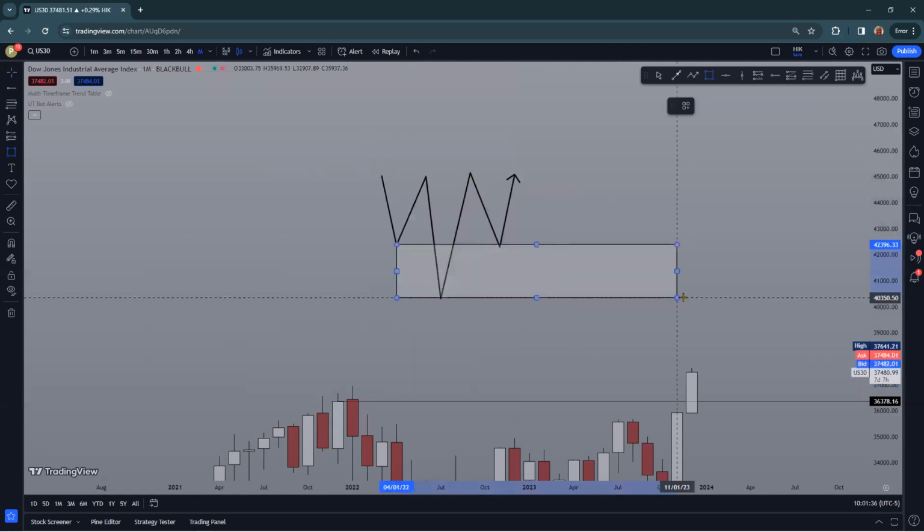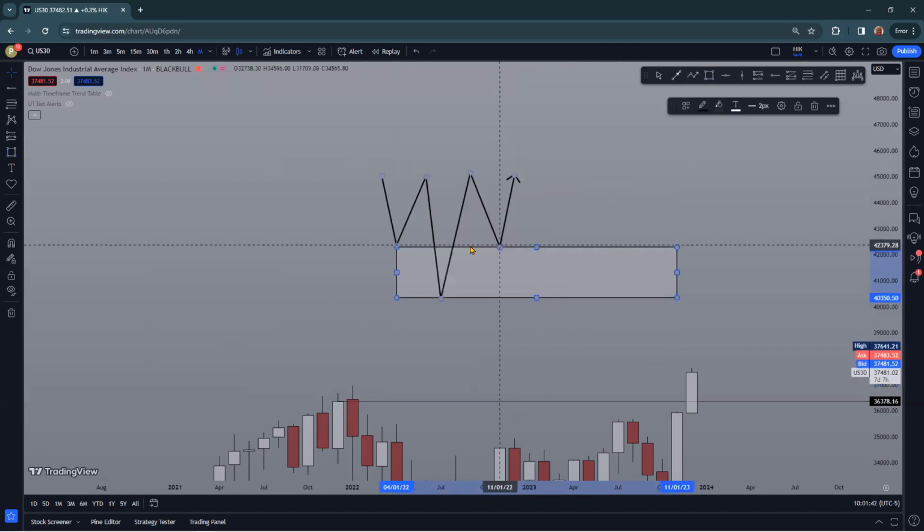Okay, so this is telling me that I need to pay attention to the zone. This is a zone right here. Because when the left shoulder was developed and the neck was developed, you want to wait for the actual market to come back and retouch or create that right shoulder to take a trade.